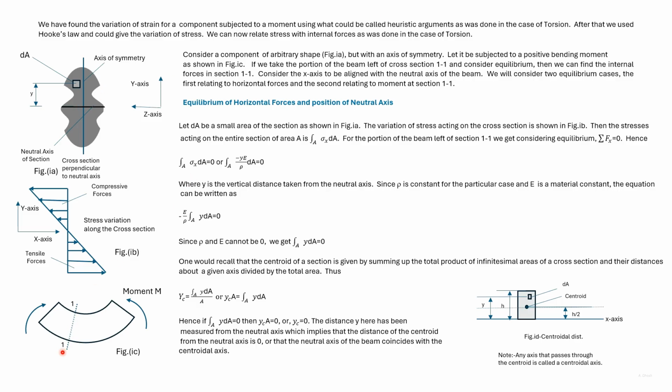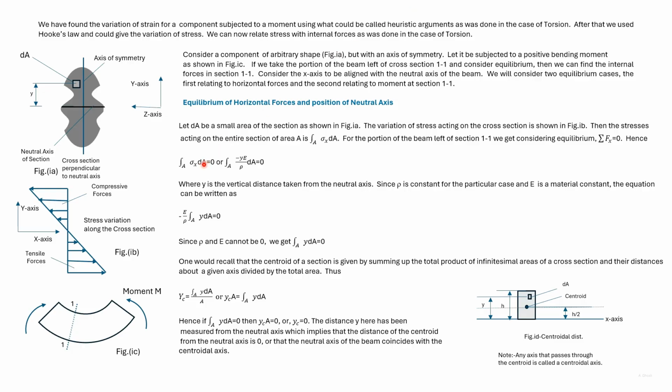There's no horizontal force acting on section 1, 1. There's only a moment acting on section 1, 1. So if we integrate the force sigma x dA over the entire area, the force will be equal to 0.